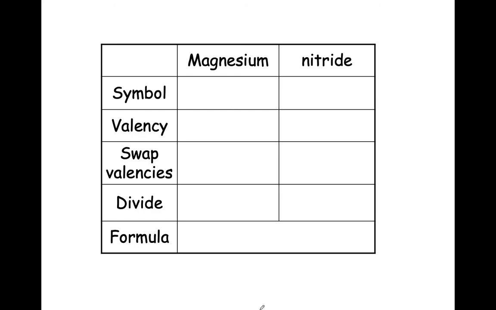And for our final example, we have magnesium nitrate. Magnesium is in group 2. It has the symbol Mg, and because it's in group 2, its valency is 2. Nitrogen has the symbol N, and in group 5, it has the valency 3.